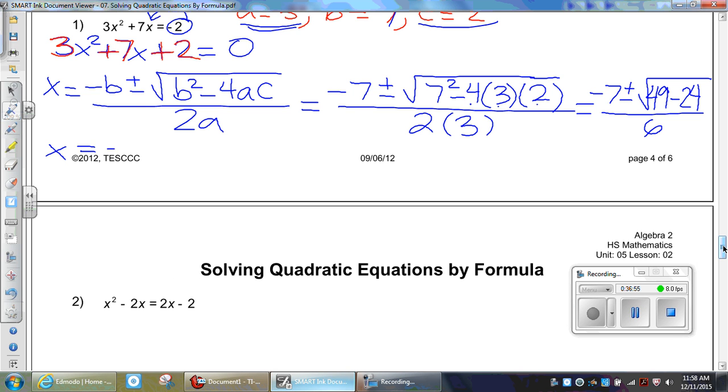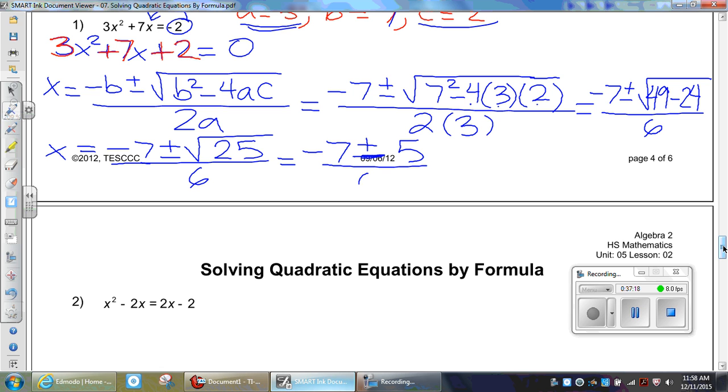So we have so far negative 7 plus minus. We take care of what's inside the radical. What is 49 minus 24? 25. So in this case, the discriminant is positive, and it happens to be a perfect square. What does that tell me according to the table? Two rationals. So let's see. The square root of 25 is 5. Everything divided by 6. Remember, from here, you actually have 2 equations to deal with.